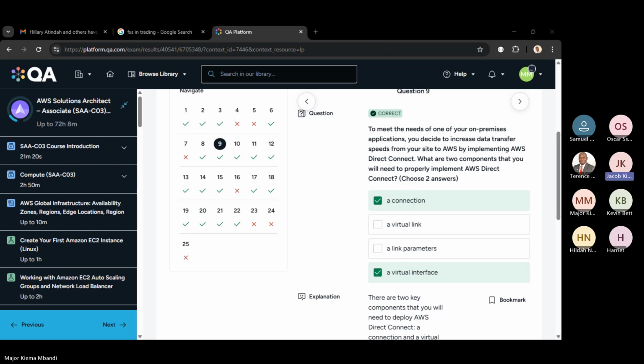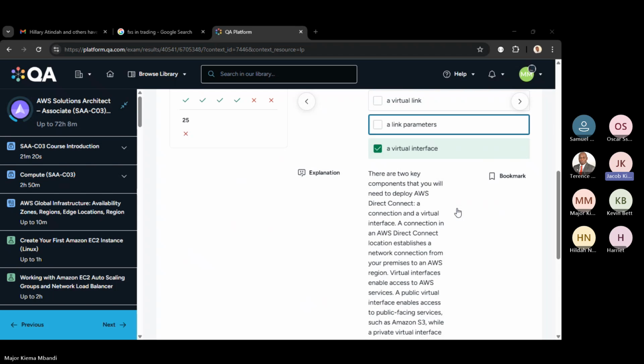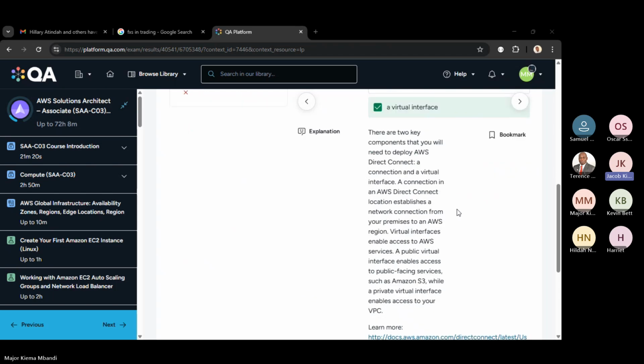Maybe just go to the explanation, because when they were answering it, the person was hesitant. There are two key components that need to be deployed: an AWS Direct Connect connection and a virtual interface. A connection is the AWS Direct Connect location, establishing a network connection from your premises to the AWS region.